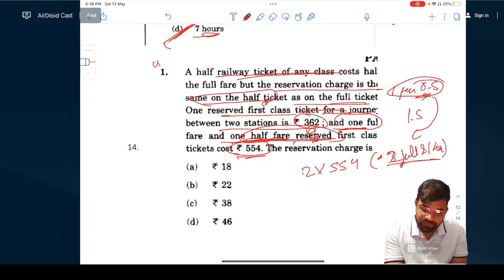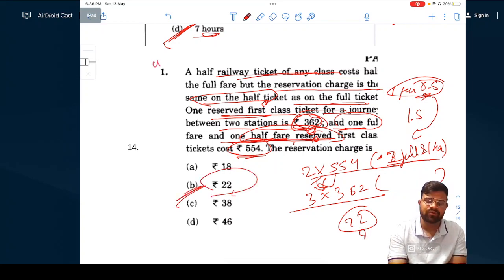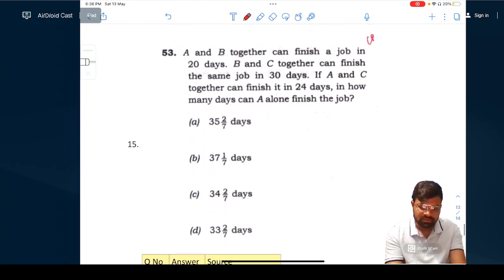And if you multiply one reserved class by 3, so 3 into 362. Now this is also for 3 people, this is also for 3 people. When you subtract it, you will find the answer of reservation charge 22. This is very logical, not related to time and work as such, but just very logical.